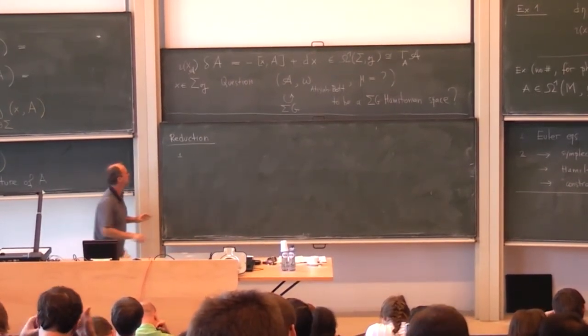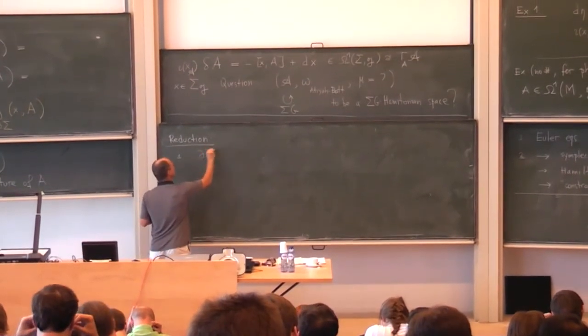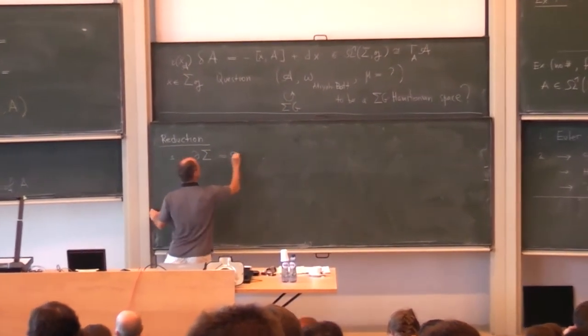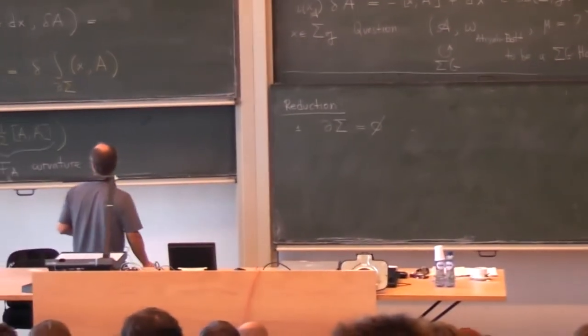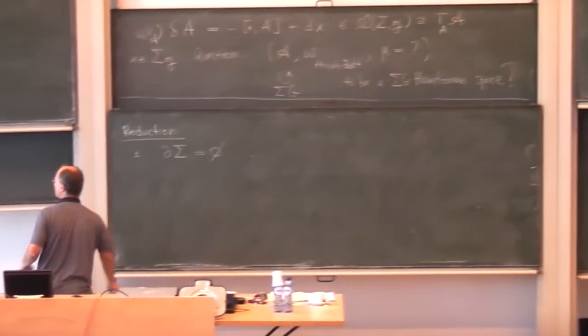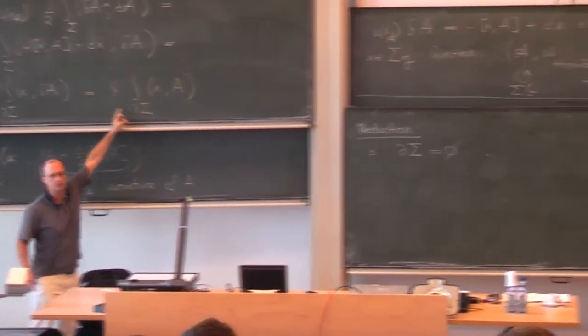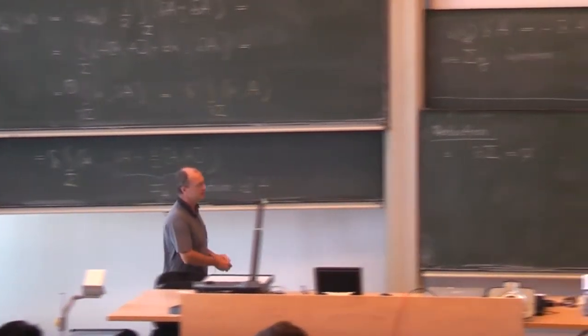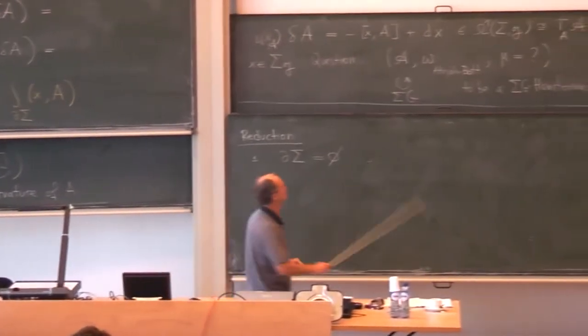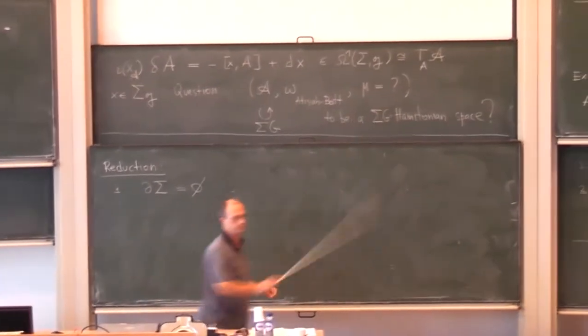First, suppose that there is no boundary, so this sigma is empty. Well, in this case, this part of the formula is not there. There is only this part of the formula. And here we can answer this question: what is this mu?